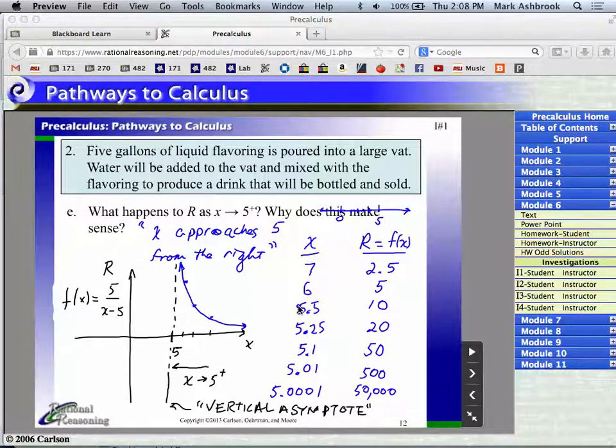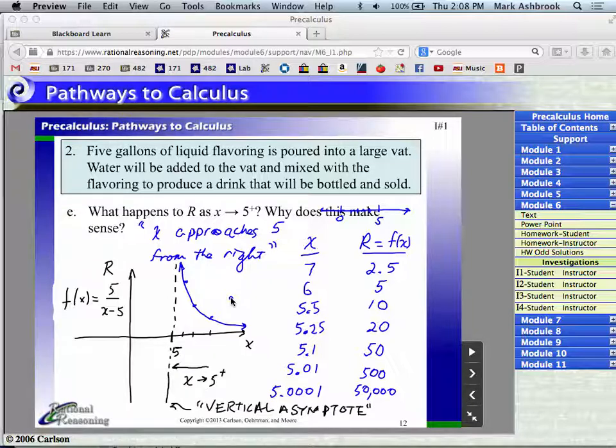But here's our graph for total number of gallons of final mixture and ratio of flavoring to water. We see this behavior as you get close to that root in the denominator, you get this really high positive value for the output of the function.